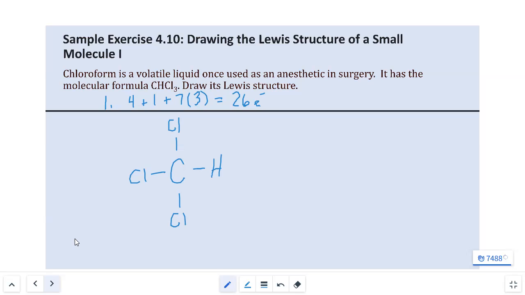Our simple structure is also going to fill out the octets of everything else. So chlorine, right now I have 2 electrons in the bond. I need 8 in total. So I've got 6 dots that are going to go around each chlorine.